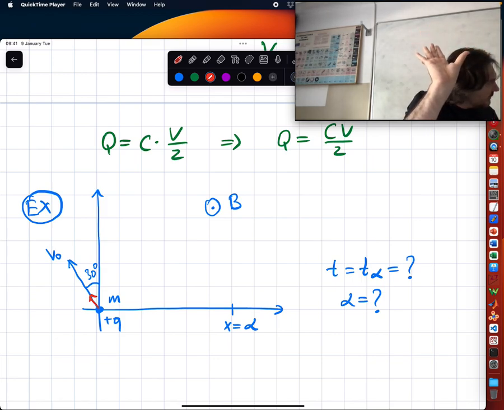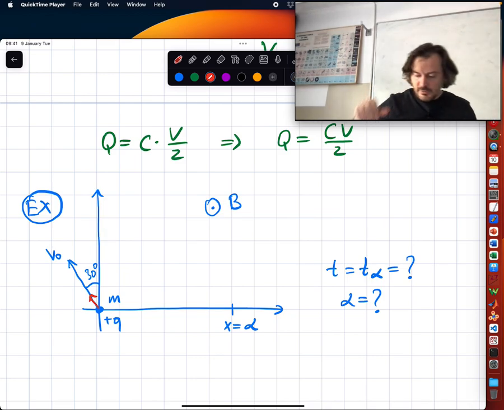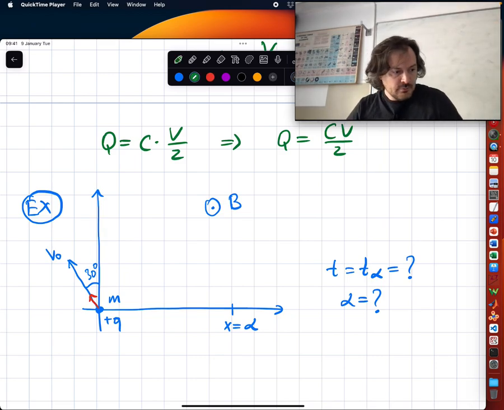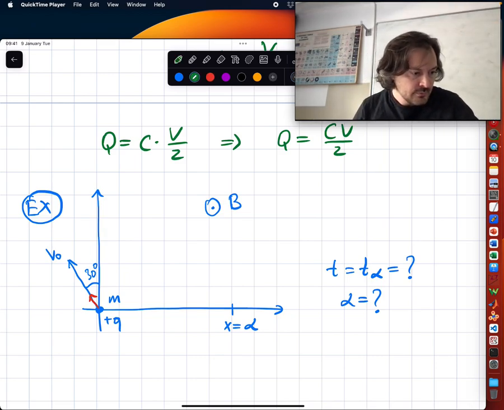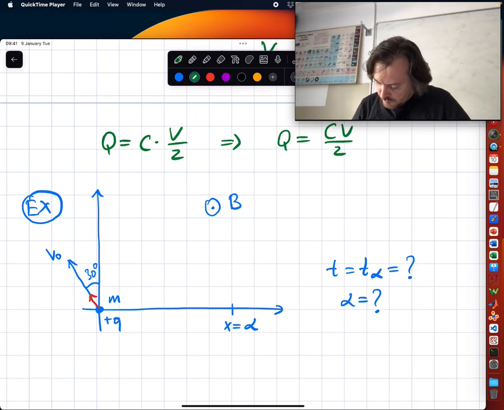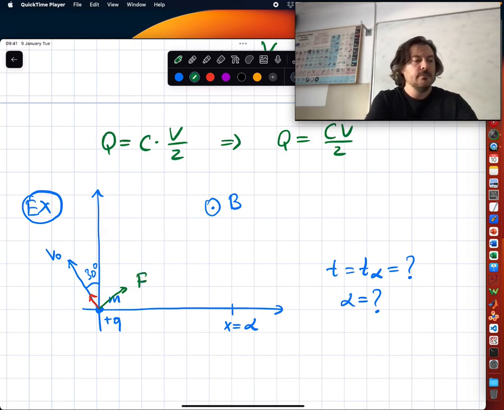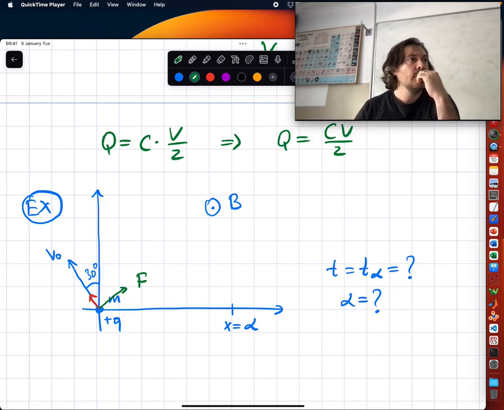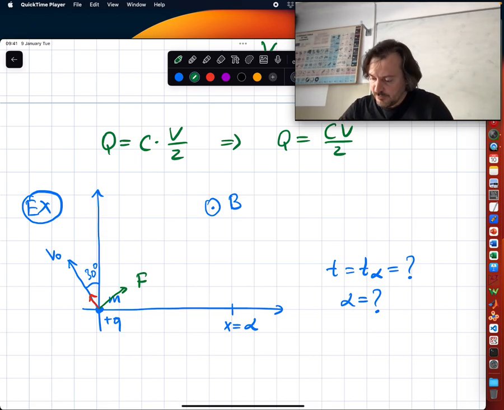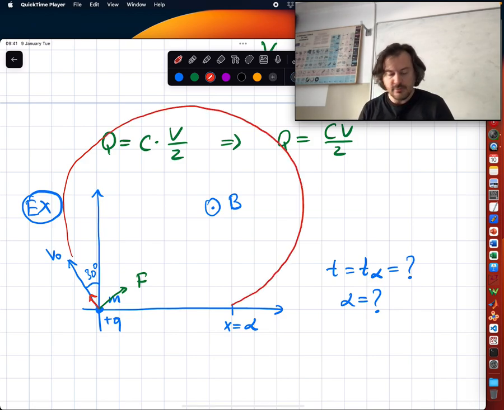Do you see? v cross B points this way. F is pointing in this direction. What does it mean? It will make a circular motion in that direction, so it will go around and come back here, right?